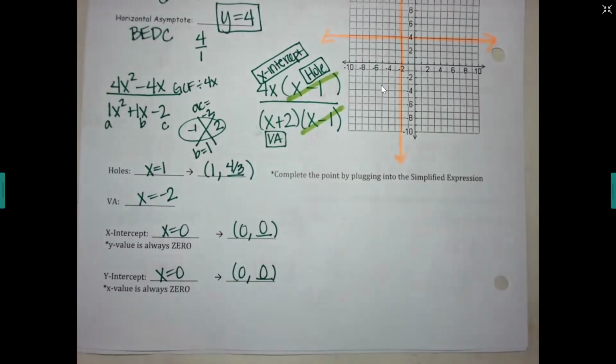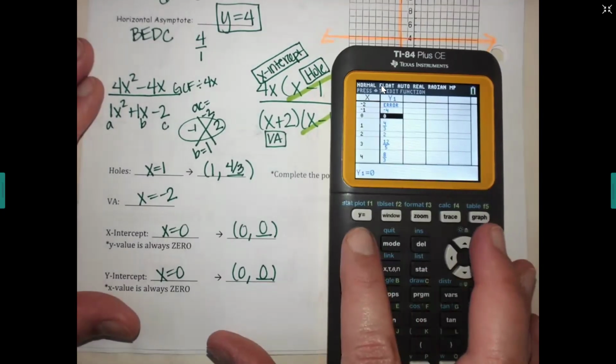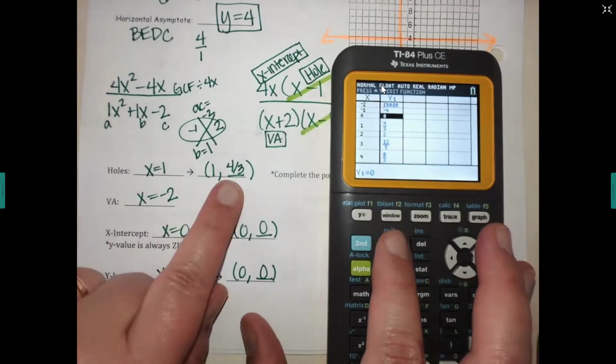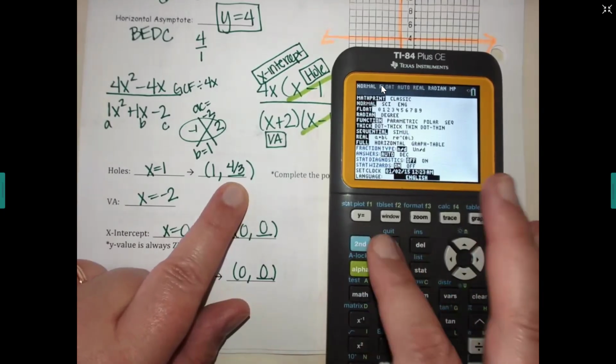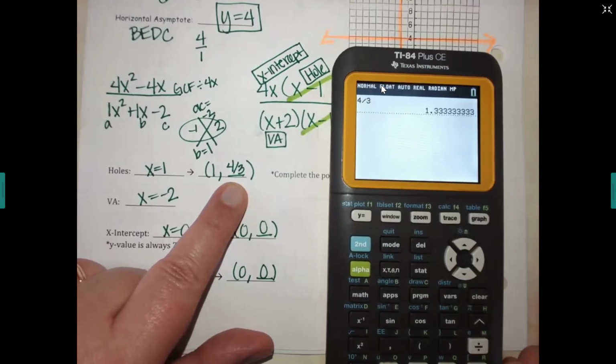All right, let's finish our drawing. Now, for 1 comma 4/3, in your calculator, hit second quit to get out of this. What is 4 divided by 3 about the same as? So 4 divided by 3 is about the same as 1.3. So on your graph, I want you to draw a hole where that point should be.